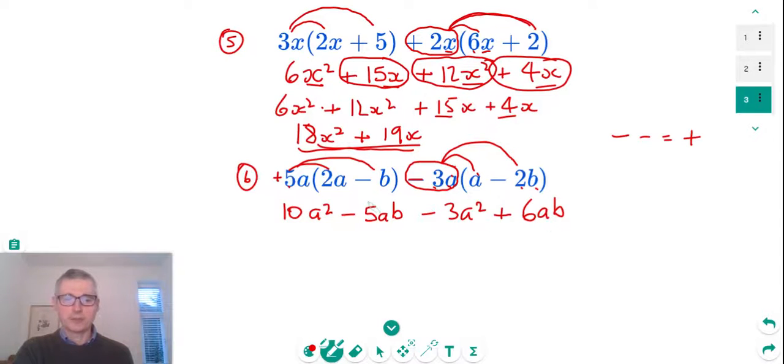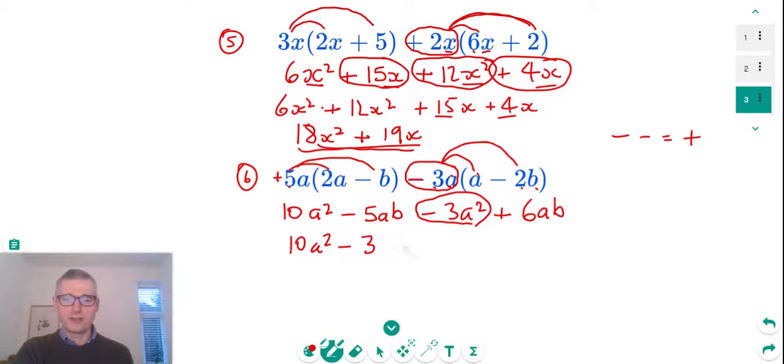And the next thing that I'm going to do is try and do any simplification that I can. So that involves collecting up like terms first of all. So collecting up like terms means just writing the things that are like each other next to each other. So I'm going to take my 10a squared, look for any other a squared. So I've got this one here, and I'm going to move that, including the sign in front of it.